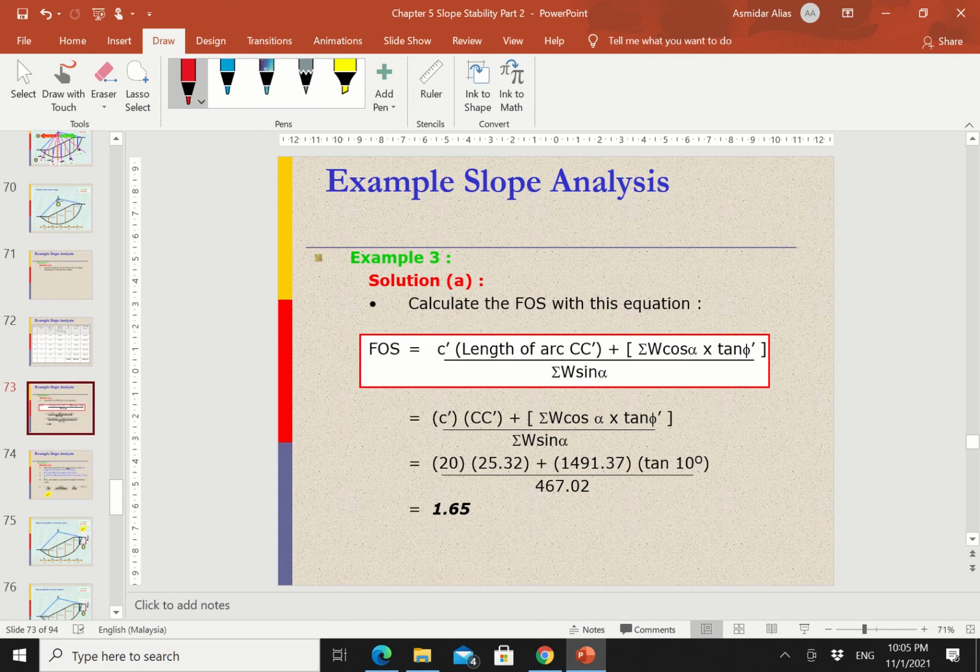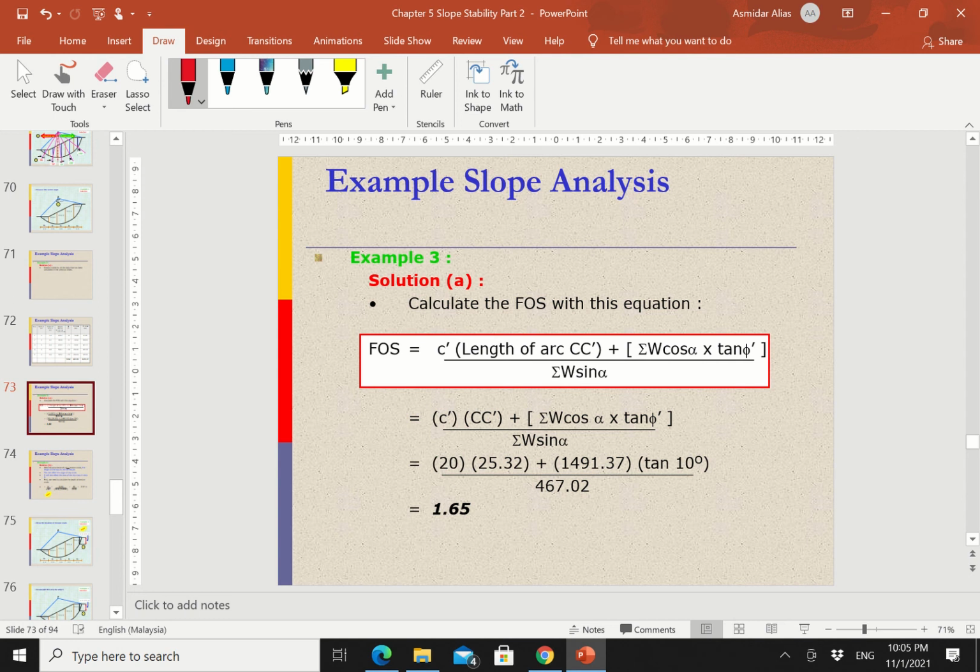And the last part is to put every piece of information that you have in the question and the graph paper and calculate in the equation here. So C times length of arc, plus W cos alpha multiplied by tangent phi, and divide by W sin alpha. So C is the cohesion value.